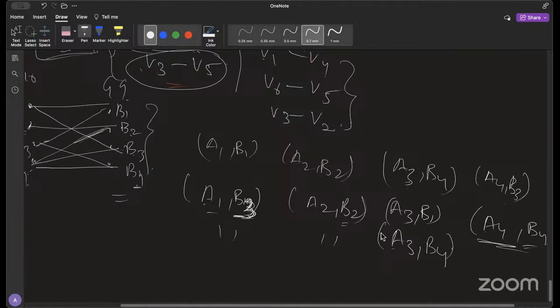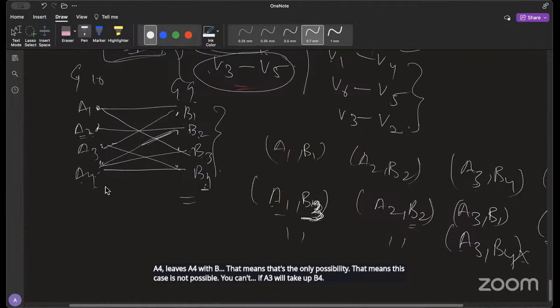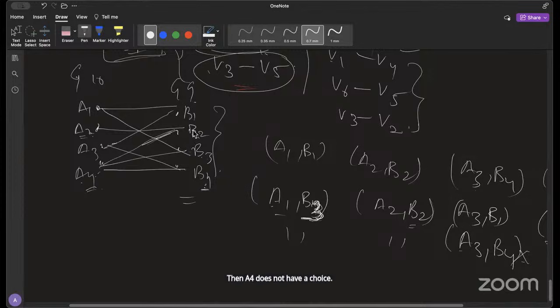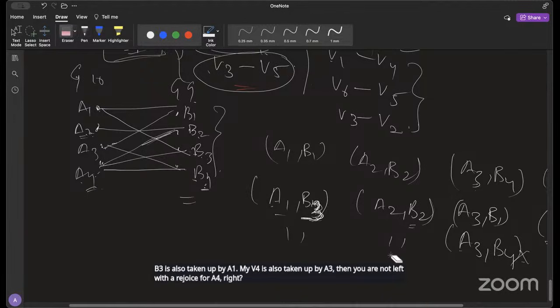That means that's the only possibility. If A3 takes up B4, then A4 does not have a choice: B2 is taken up by A2, B3 is taken up by A1, and if B4 is also taken up by A3, then you are not left with any choice for A4, right? That case won't be there.